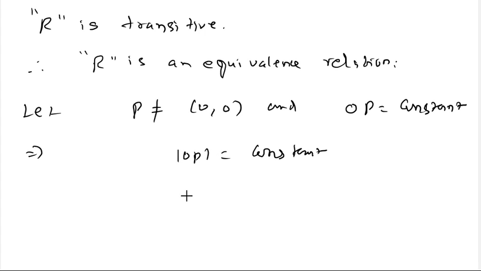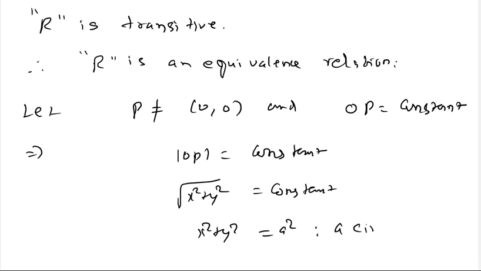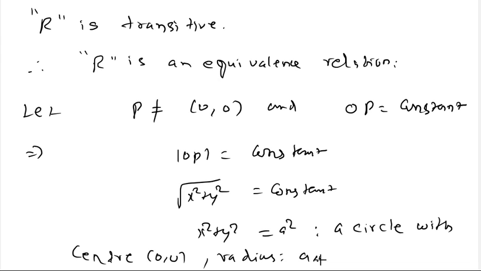Then the distance OP, which is the square root of x square plus y square, is constant, so x square plus y square equals some constant, which can be written as a square. This is a circle with the center (0, 0) and radius the constant distance a. Okay, we'll move to the next question.